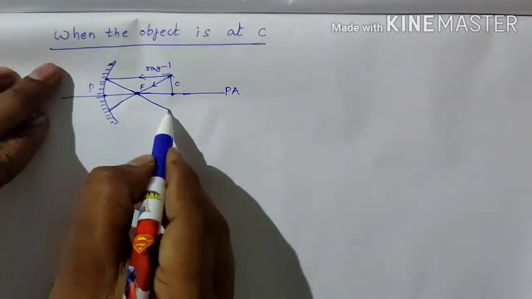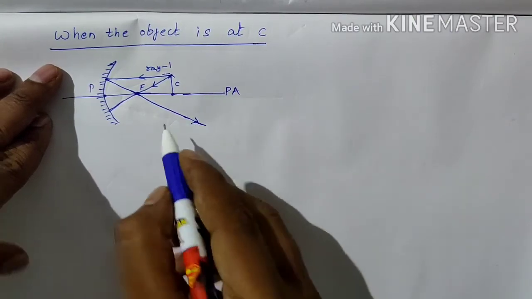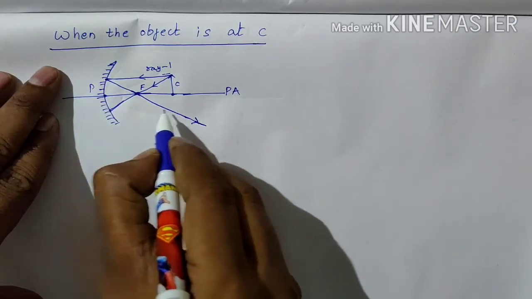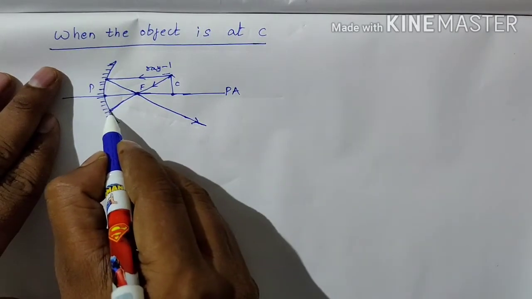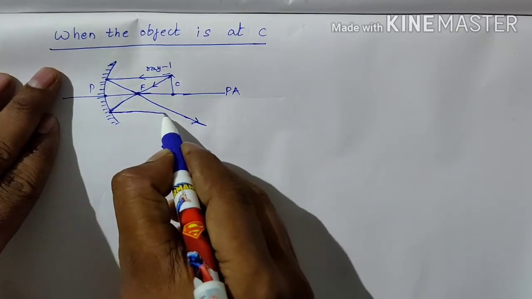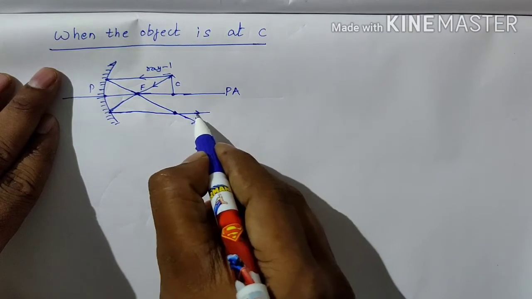So this is the reflected ray. And every ray passing through the focus will be reflected parallel to the principal axis. This is the second reflected ray.